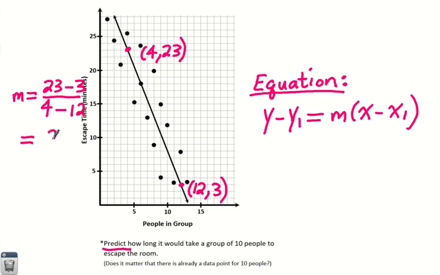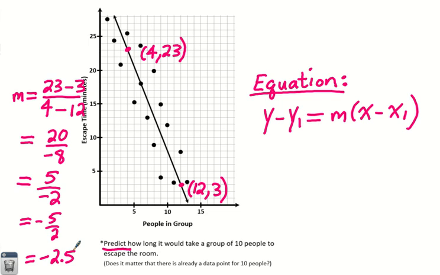And so that's going to give me 20 over negative 8, which reduces to 5 over negative 2, or just negative 5 halves, right? Now, if you want to write that as negative 2.5, I wouldn't blame you too much. That wouldn't be insane, obviously, but I'm going to go with negative 5 halves here.